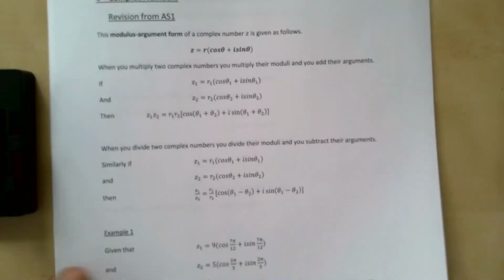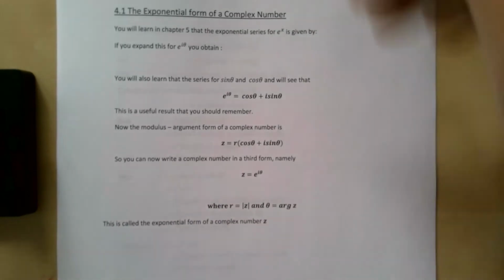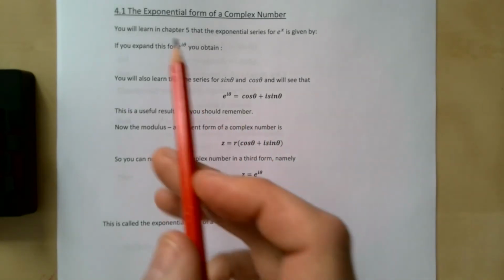On then to our next page, and this introduces another way of writing our complex numbers. So the new one that we've just learned is that you can write it in the form r (cos theta plus i sine theta).